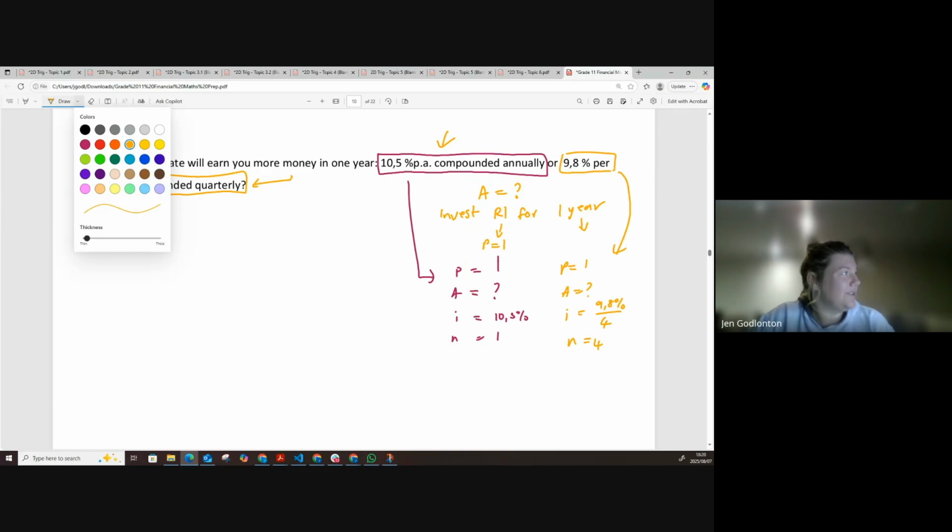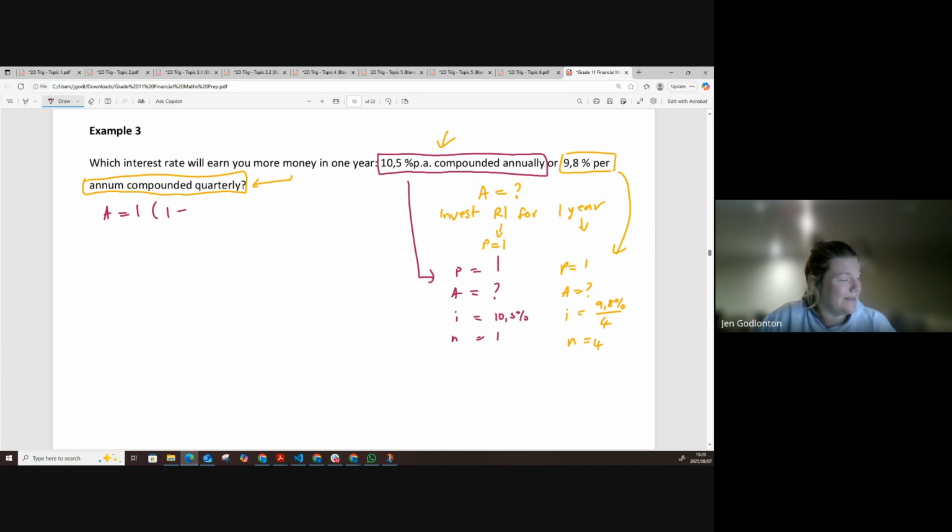So let's start with the first one. Our A is equal to 1 times 1 plus 10,5% to the power of 1, which gives us 1 Rand, 105. And then in our second situation, A would be equal to 1 times 1 plus 9.8% divided by 4 to the power of 4, which gives us 1,10166.